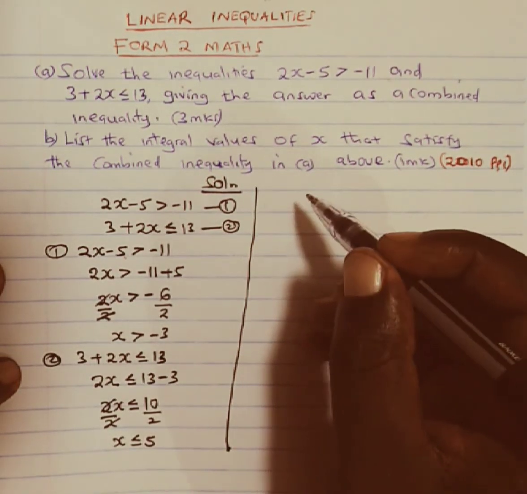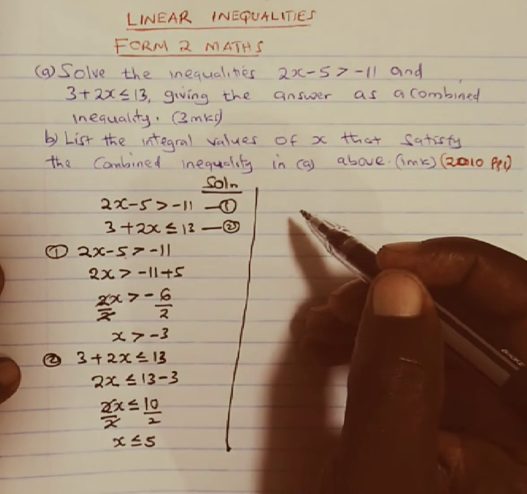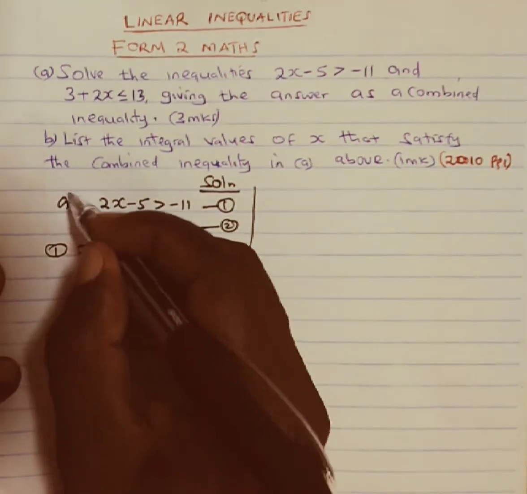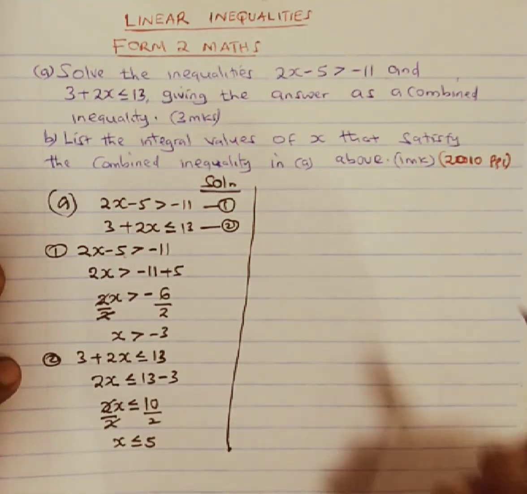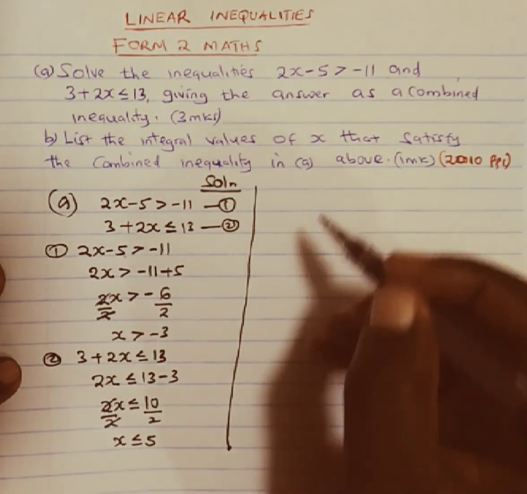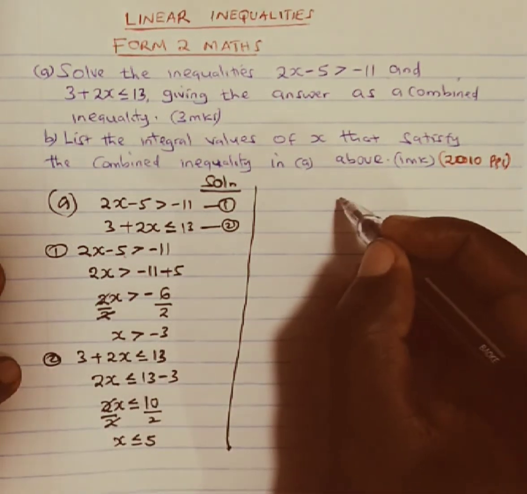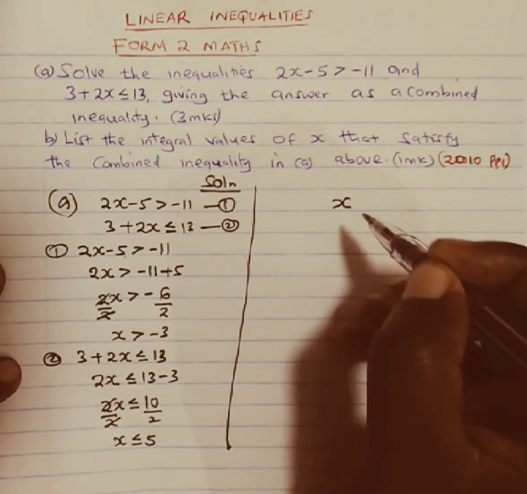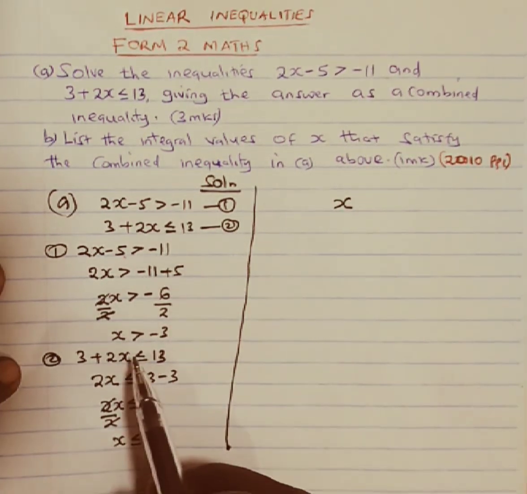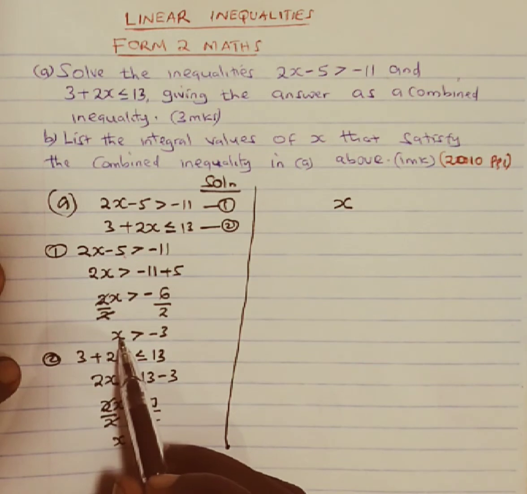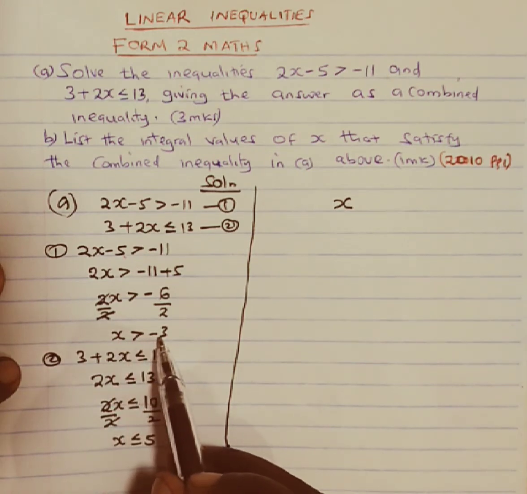We are supposed to give our answer as a combined inequality so that we can get the answer for part A. And therefore, since both values represent x, we are going to place x at the center, then interpret. The first solution is where x is greater than negative 3.